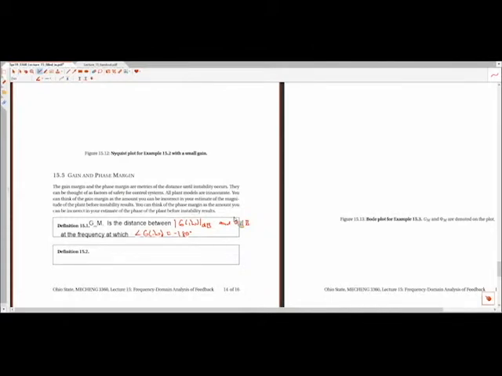This is maybe a little bit tough to digest at first. We're going to go through some examples, but this would be the definition of gain margin, and phase margin.